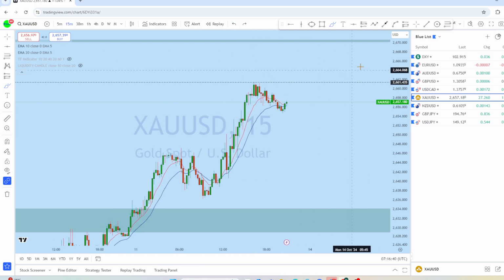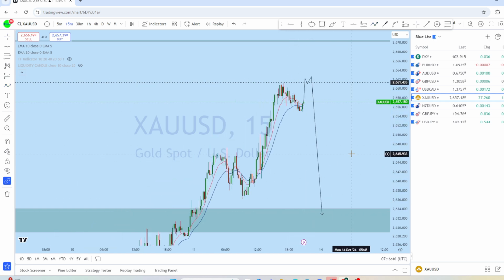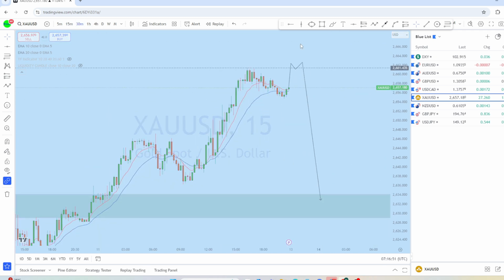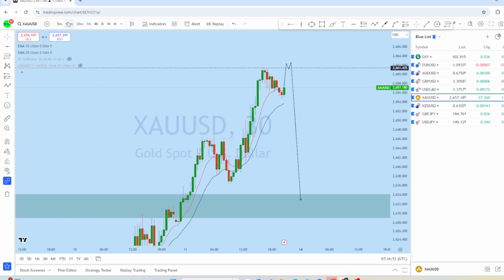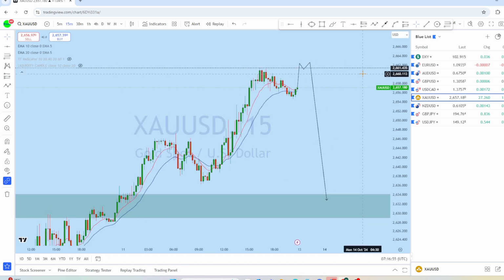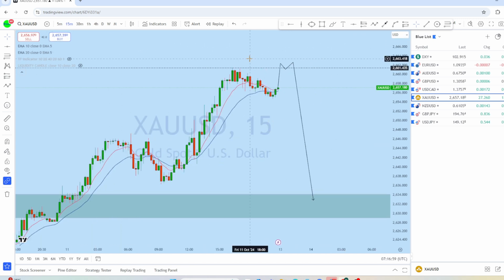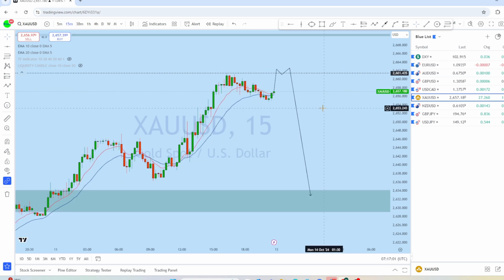So there might be an initial bounce here, grab liquidity, and then we could see the market dropping back down. Therefore, in this market, I will be waiting for a potential break of structure for a potential downtrending market structure. As this market has already exhausted to the upside, we might see short-term downward momentum on XAUUSD based on the real-time price action. Also, I will be posting updates in the channel.